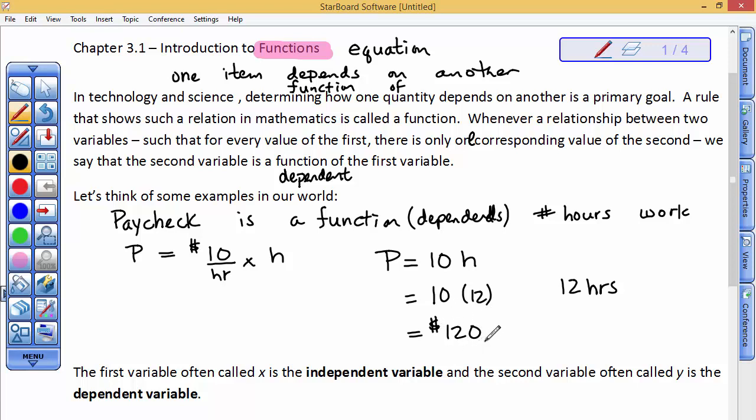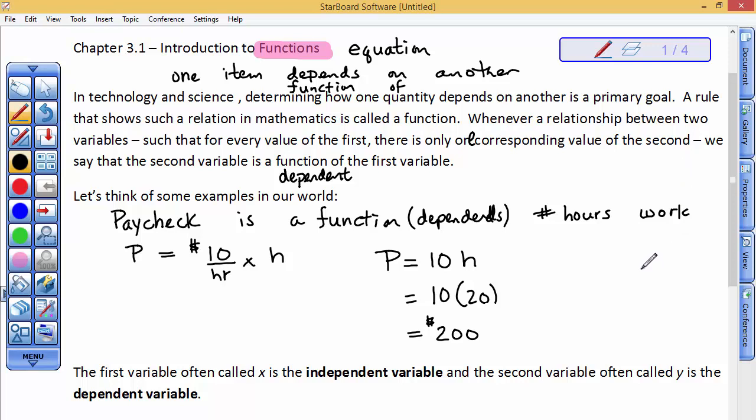So if you worked 20 hours, I'd put in a 20 for H, and 20 times 10 is $200. So again, for any one input, there is only one output. For every value of the first, there is only one corresponding value of the second. Let's do another example.